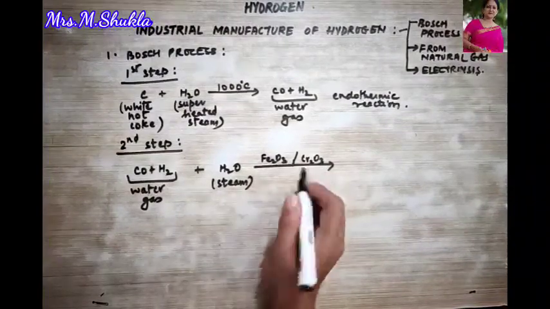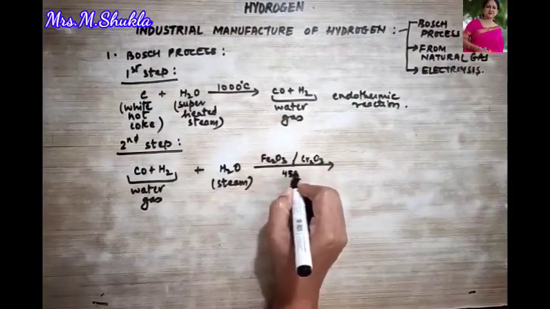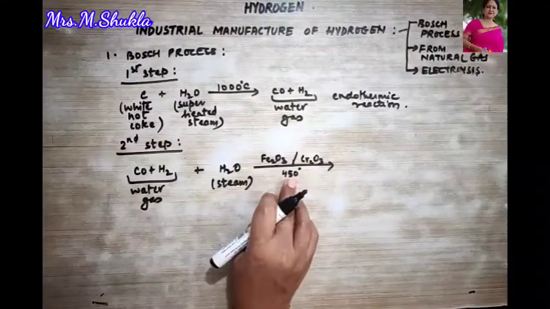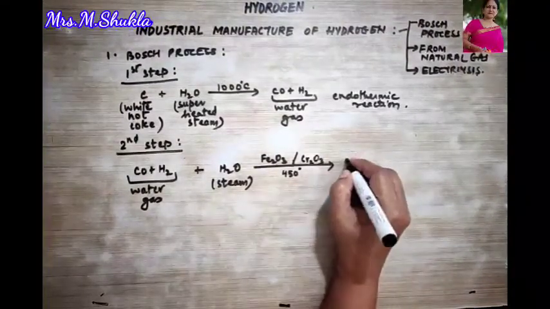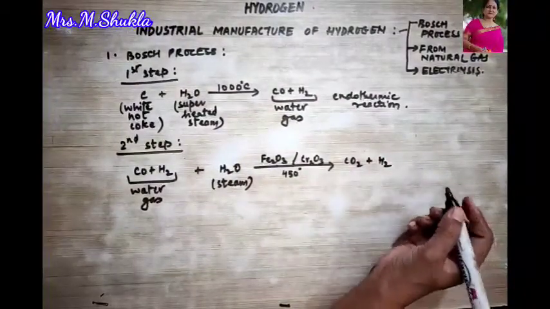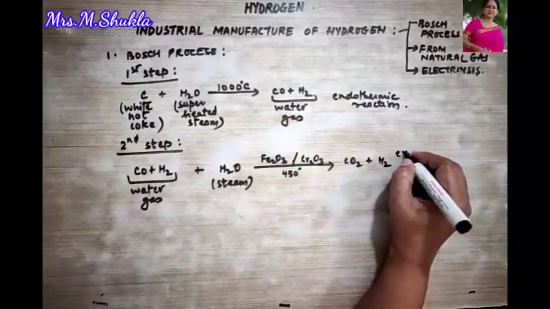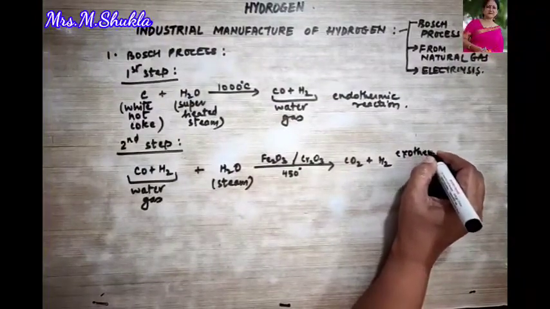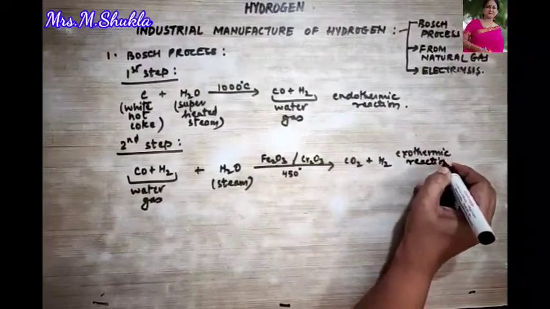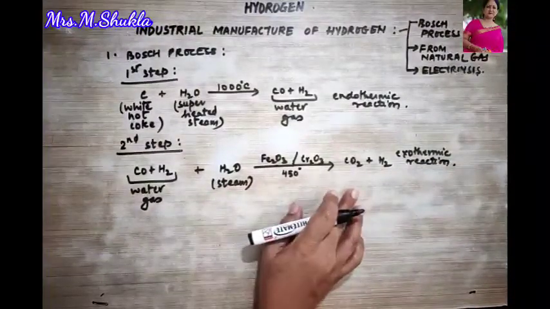And this reaction is to take place at 450 degrees. And further, what are we going to obtain? We shall obtain carbon dioxide and hydrogen gas, right? And this is your exothermic reaction.